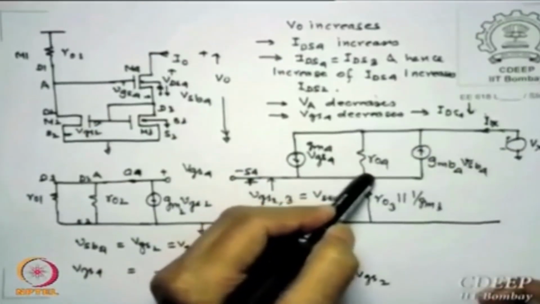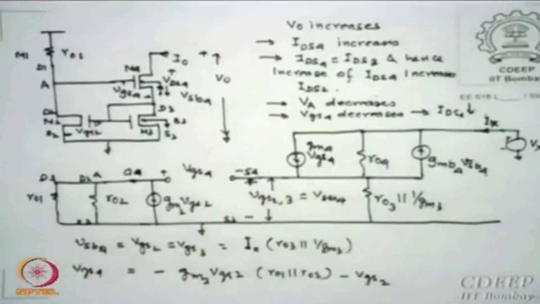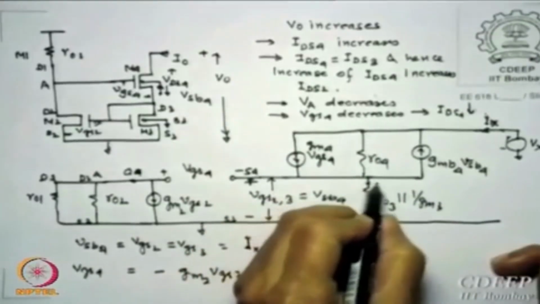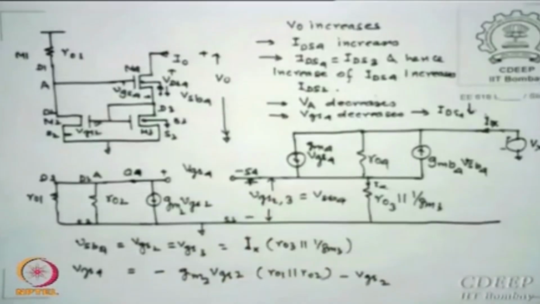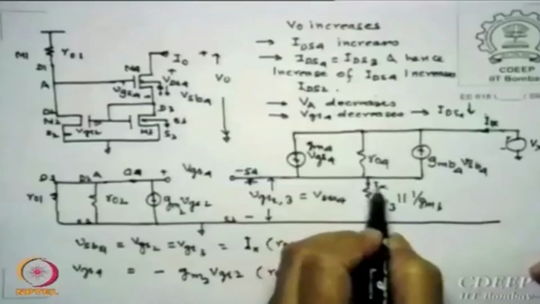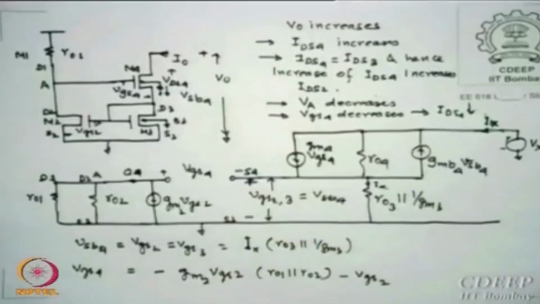So current coming out is also Ix. एक करंट है, तीन पार्ट में डिवाइड हुआ पर नीचे आके फिर सम हो गया, तो ये सम करंट यहाँ आ गया, इधर तो खुला है so no current. So all this Ix current flows through RO3 parallel 1 upon GM3, is that correct? That is your VSB4. So I get VSB4 is VGS2 equal to VGS3 is Ix times RO3 parallel this.